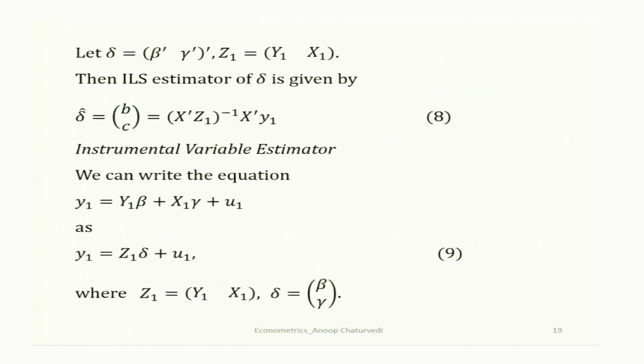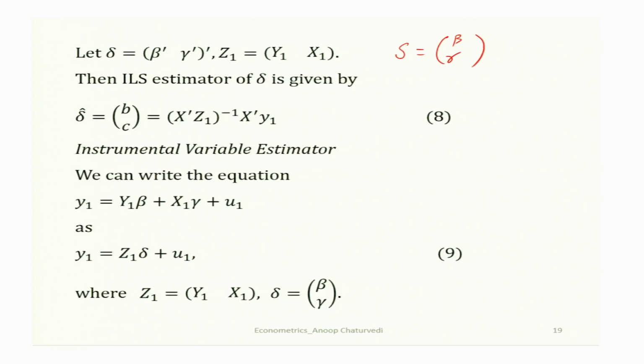Now, suppose you write delta equal to beta transpose gamma transpose whole transpose, or in fact, delta is equal to beta gamma, and you write z 1 equal to Y 1 x 1. Then the indirect least square estimator of delta is given by, say, delta hat equal to B c equal to x transpose z 1 inverse x transpose y 1.